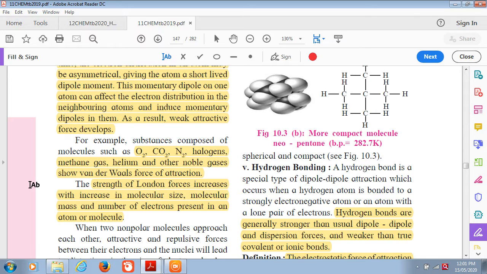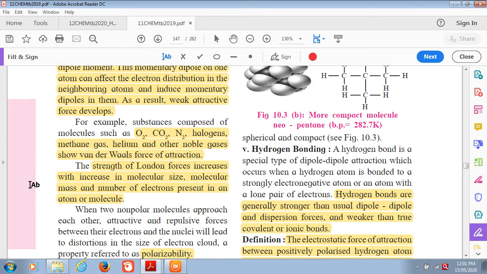The strength of London forces increases with increase in molecular size as well as with increasing number of electrons present in an atom having similar molecular masses.